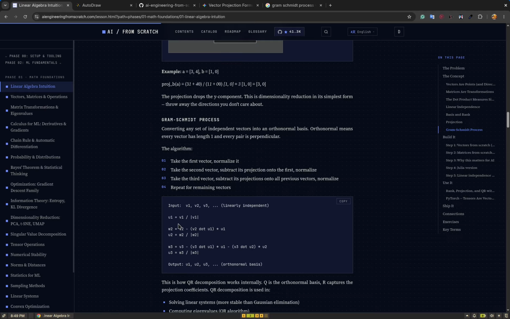But I do understand I need to calculate the unit vector, then I need to calculate the second orthogonal vector. So all I do is take the second vector and subtract the dot product of the projection from there.